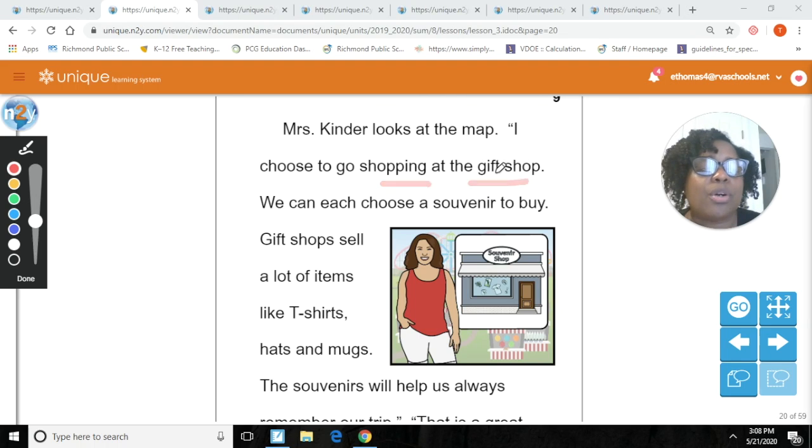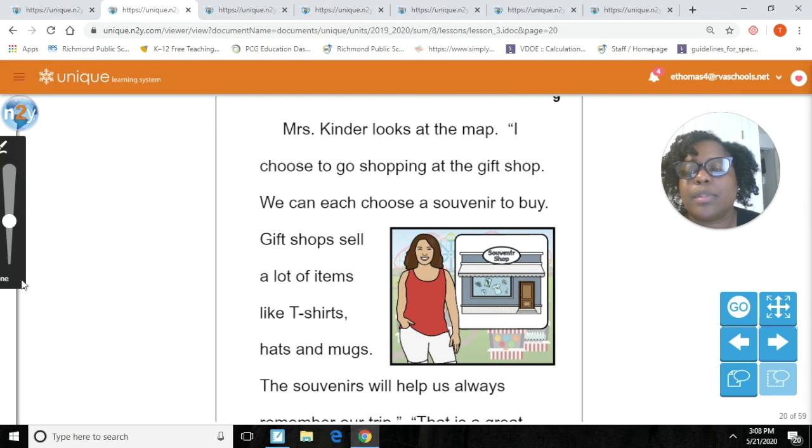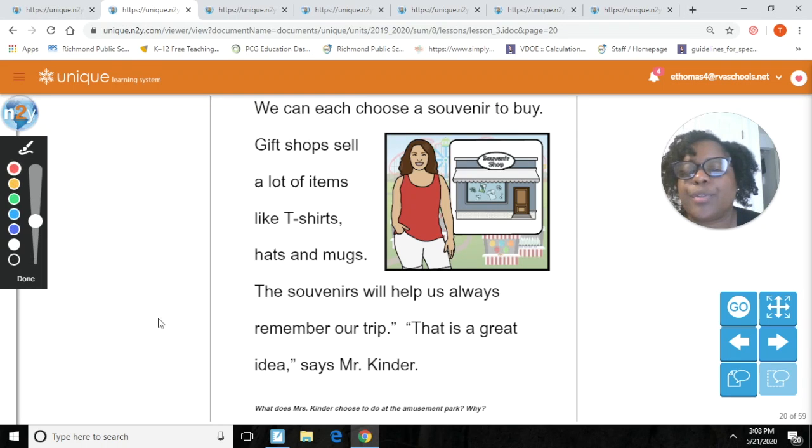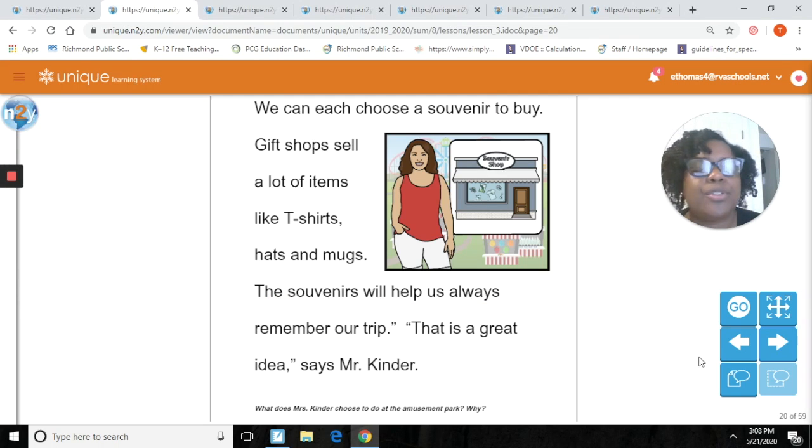And why would she want to go to the gift shop? She's going to buy a souvenir. And what did she say about the souvenirs? She said souvenirs will help us remember our trip. Good job. You're doing a great job listening. Stay with me.